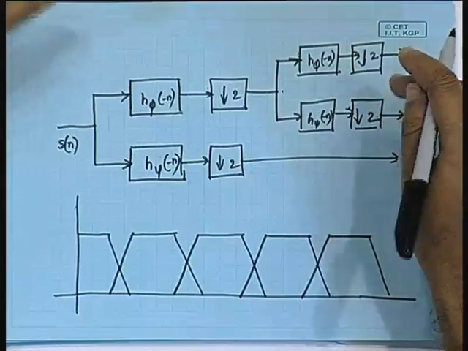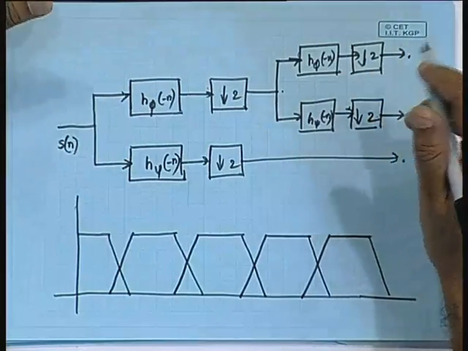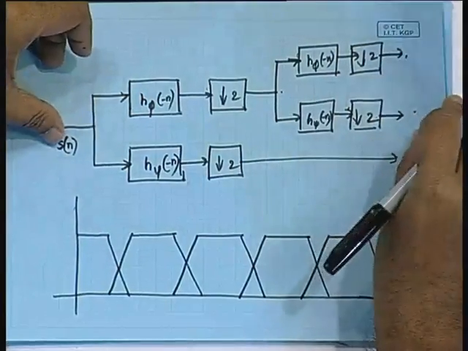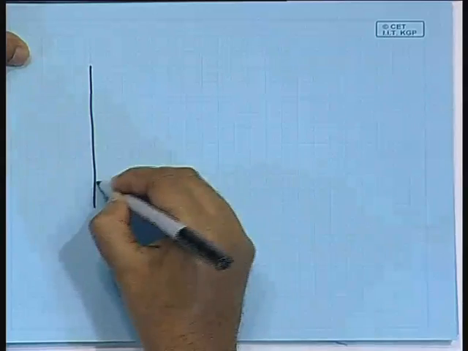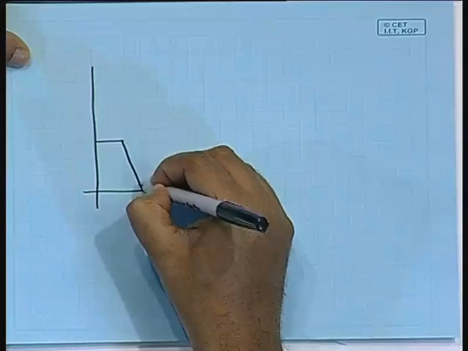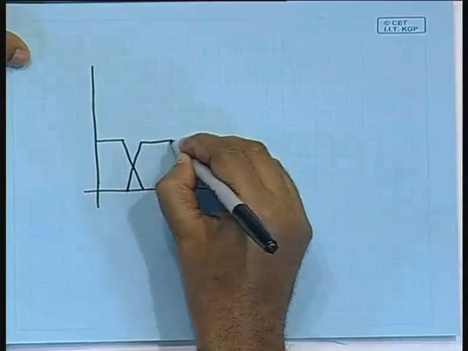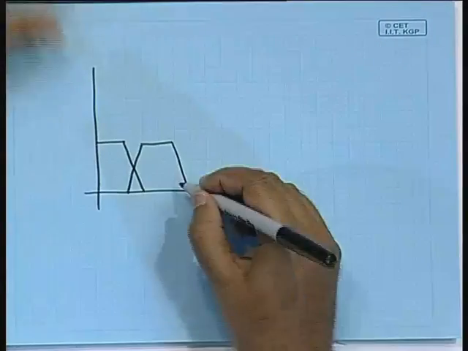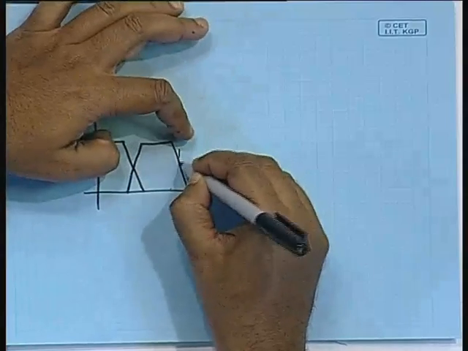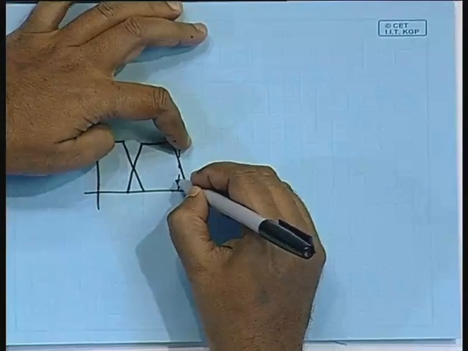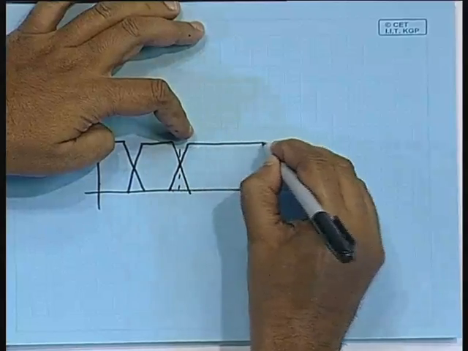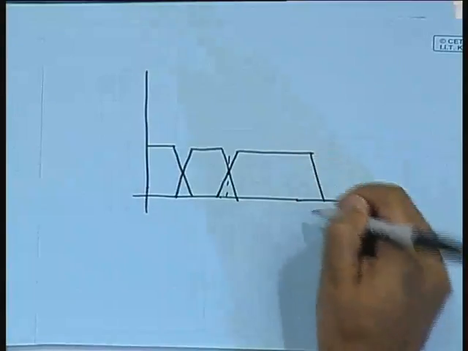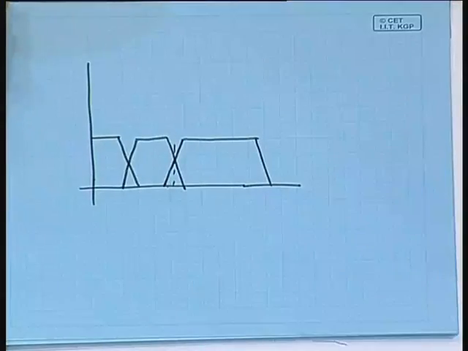So, the picture should actually be drawn like this, if I want to draw only these three: this should be the low pass filter, this should be the next band pass filter, which is this one, and then this should be twice this, so this band should be this much, followed by this.